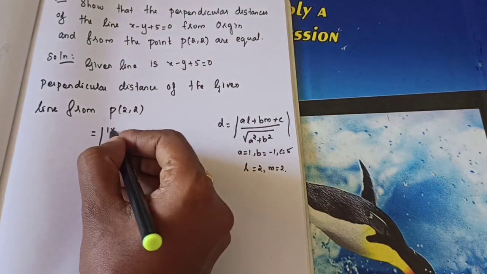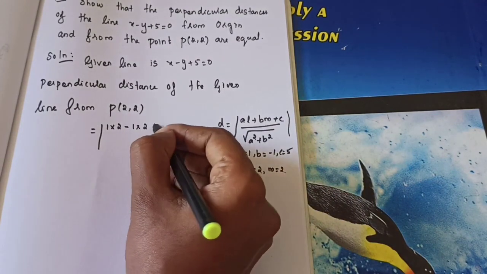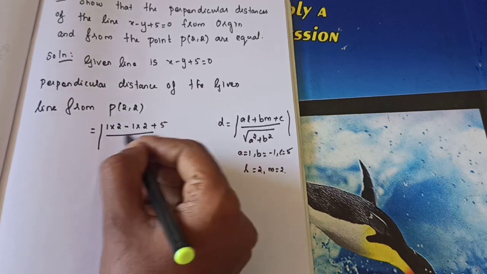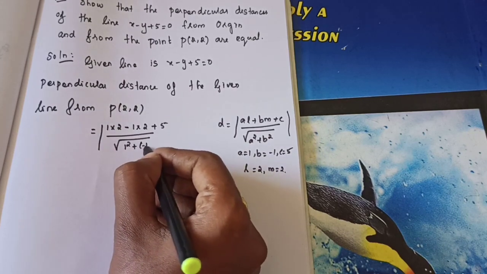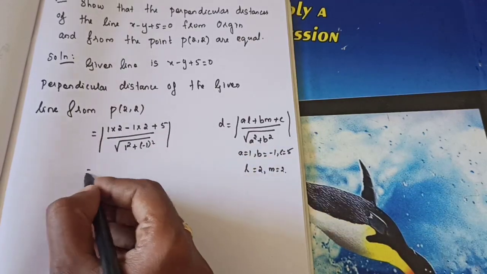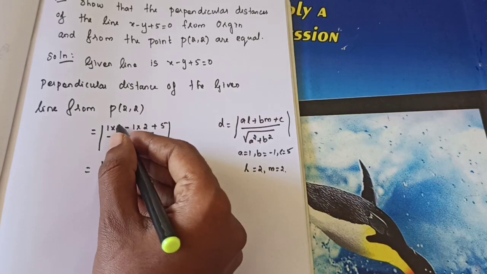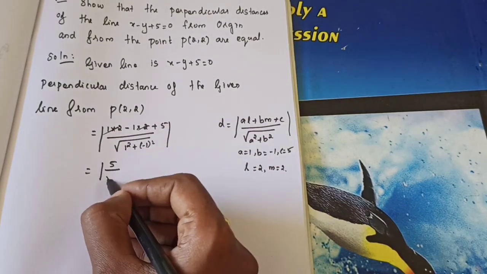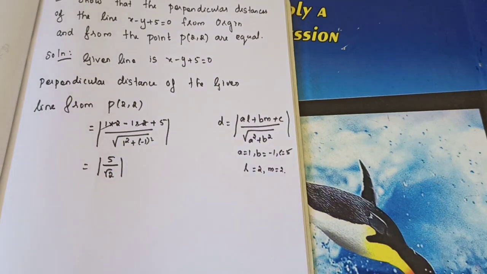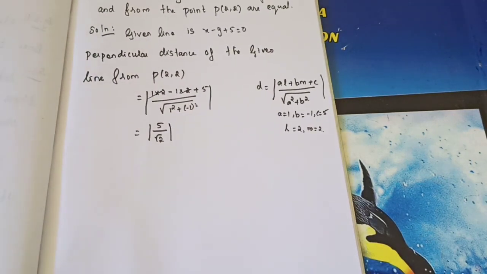So 1 into 2 minus 1 into 2 plus 5 divided by square root of 1 square plus minus 1 the whole square, equal to modulus of 2 minus 2, which gets cancelled. So 5 divided by square root of 2. This is the first answer. Got it?